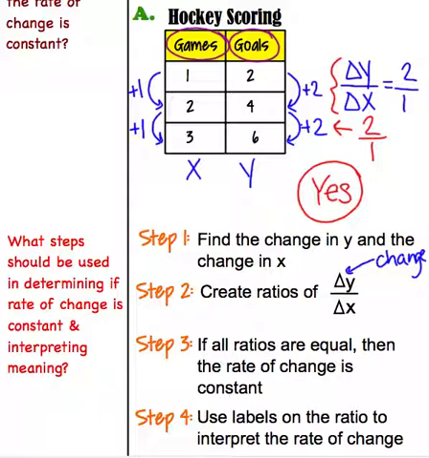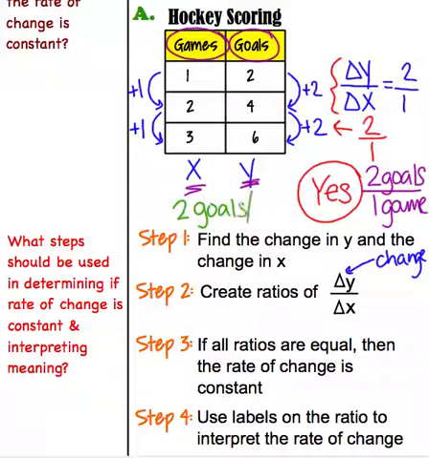So what this means is 2 goals, because we're looking at y first, over 1 game, because x is second. If you wanted to rewrite that as 2 goals per game, with a slash, that would be perfectly okay. So now let's take a look at 2 more examples.